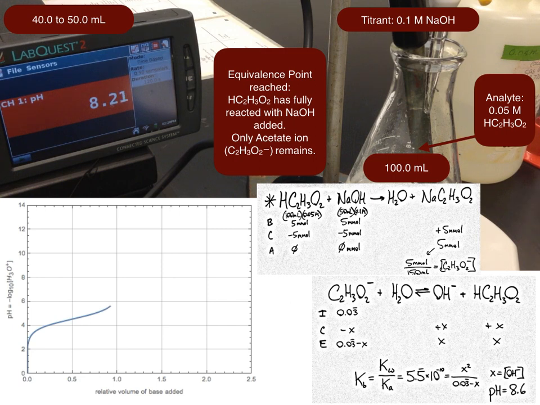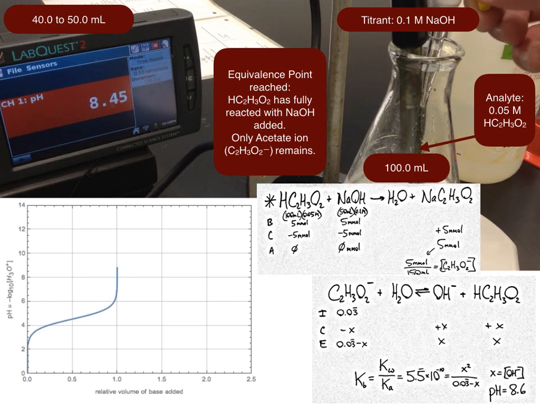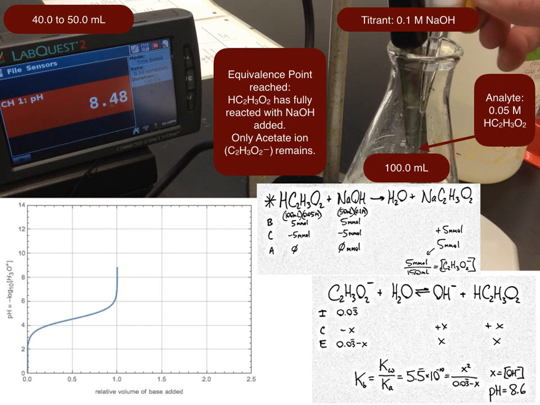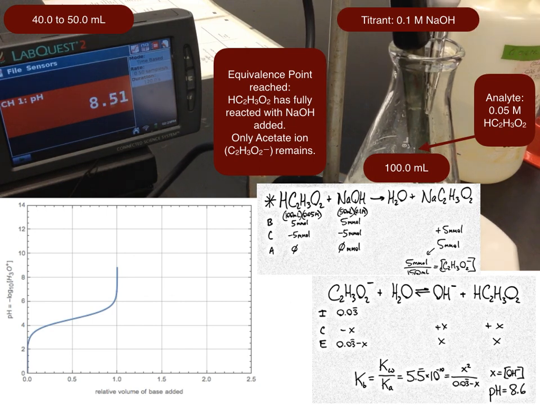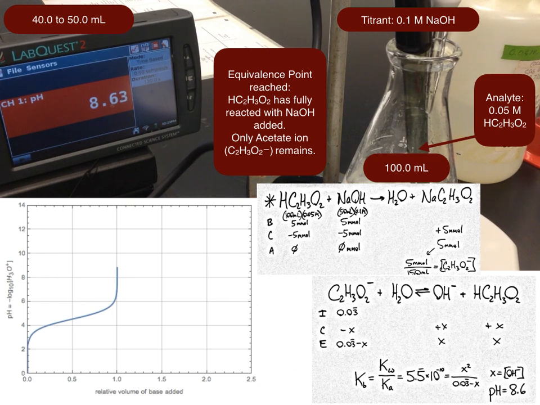We now approach the equivalence point of our titration, but this equivalence point is extremely different from the one in which a strong acid was titrated with a strong base. There, at the equivalence point, the only species that affected the pH was water, and the pH was exactly 7.00. Here, however, the major species is the acetate ion, the conjugate weak base, and water.